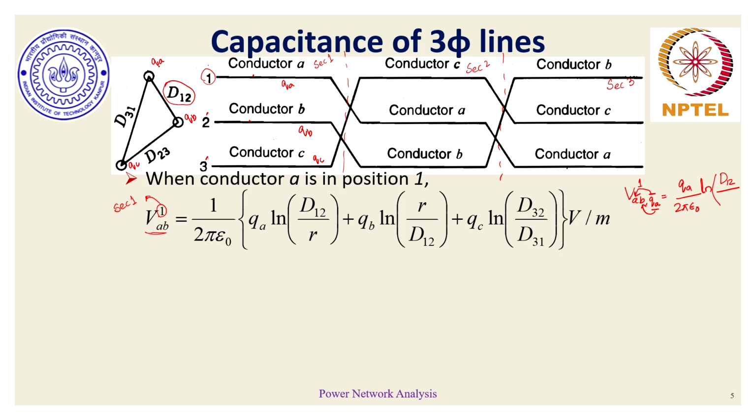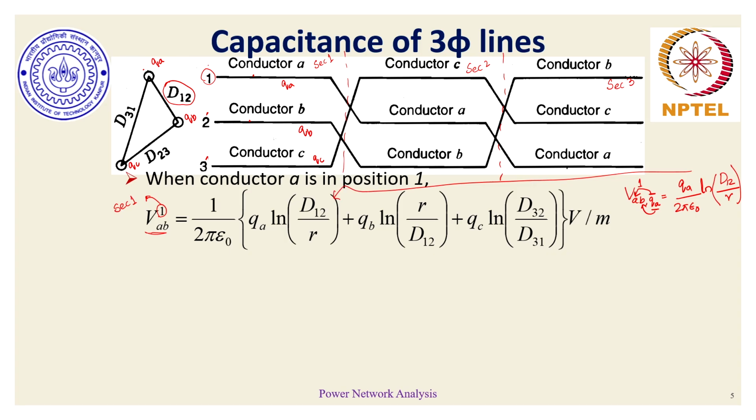And since QA is coinciding with the conductor itself, and electric field lines don't exist inside the conductor, they can exist only outside the conductor. So the surface to surface distance with respect to the center of the conductor itself is nothing but the radius, which is r, and that is how we get our first term, which is shown over here.